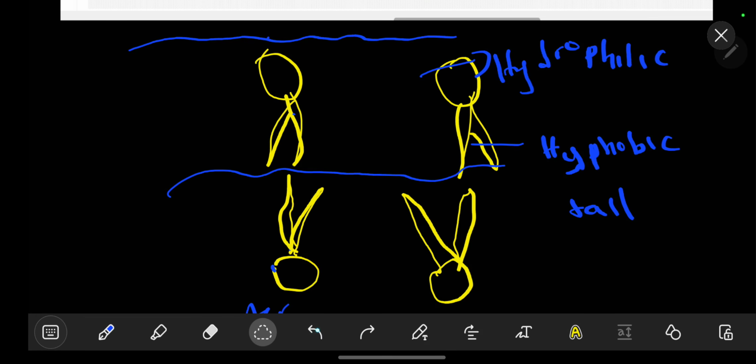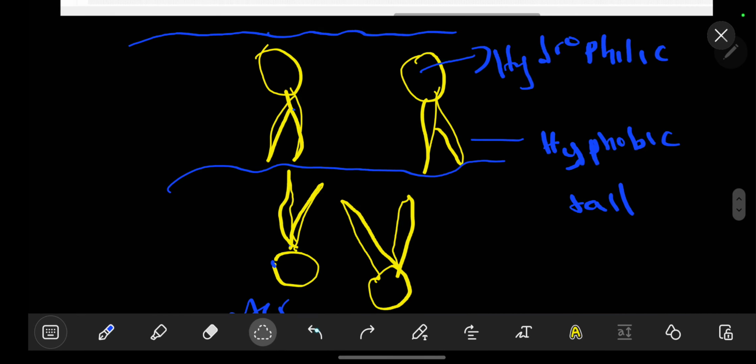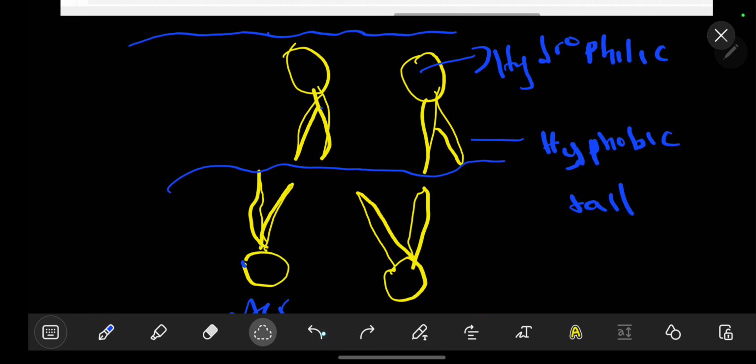They are not fixed. That is what we mean when we say that the cell membrane has fluidity. We are just talking about how they are able to move.